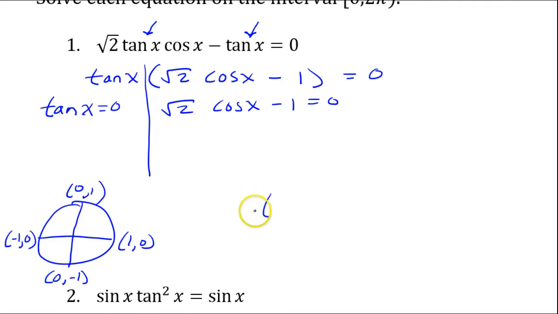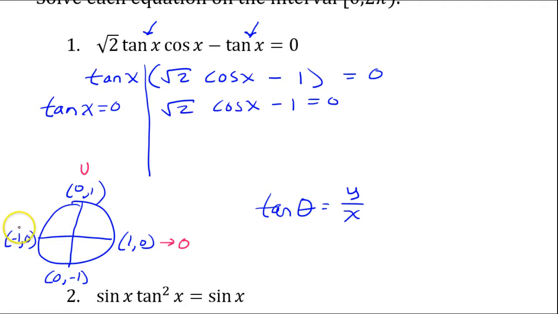Remembering that tangent is y over x, I'm going to go around the circle and write the tangent next to each one of these. If I do y over x, it's 0 over 1, that's going to give me 0. So the tangent here is 0. If I do 1 over 0, that's going to be undefined.